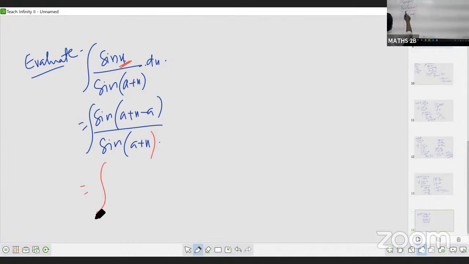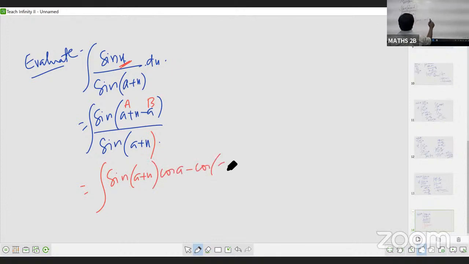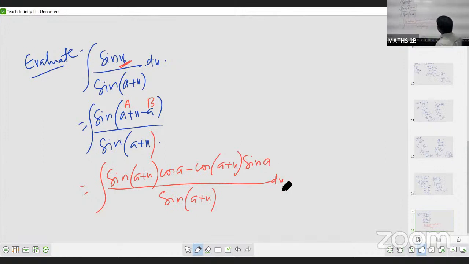Now the integration of sin of a minus b, where this is like a and this is like b: sin a cos b minus cos a sin b, divided by sin of a plus x. Correct, no? Separate your denominator for both the numerators.